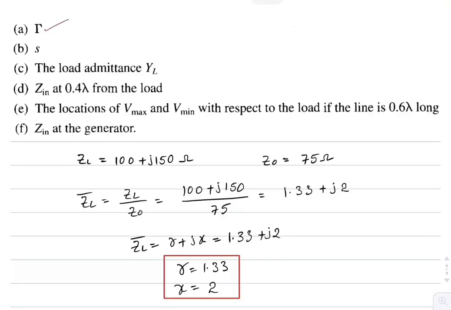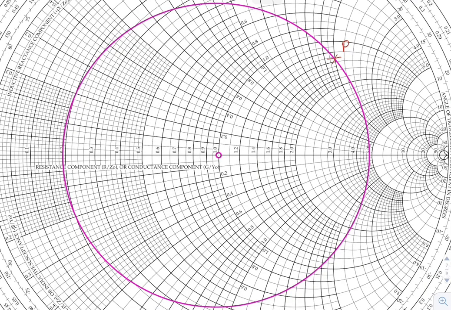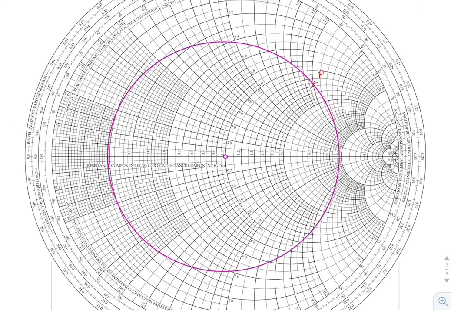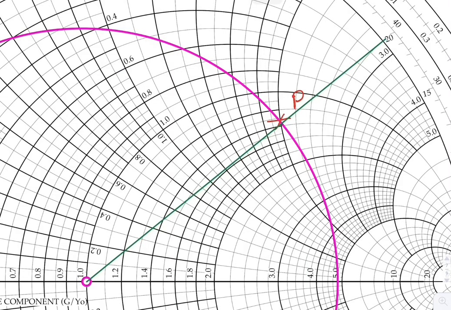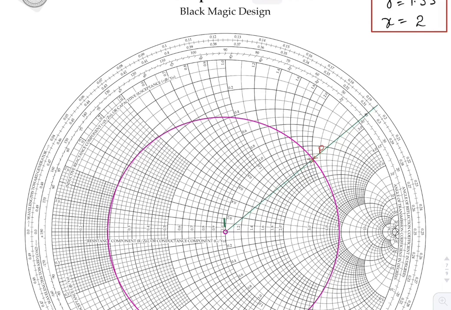We have to find the reflection coefficient. So this circle is passing through that point P with a center at the center of the Smith chart. Next step, you have to draw a line from the center of the Smith chart to the edge of the Smith chart passing through point P. Now measure the distances, this distance and this distance, because at the center of the graph you have mod gamma equal to 0, at the outside you have mod gamma equal to 1.